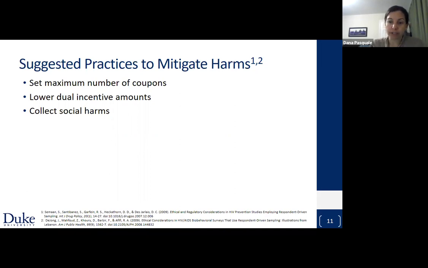Tied to that, the compensation for recruitment, the secondary incentive, should not be high enough to induce coercion. And then third, when coupon holding potential participants do present for consent or enrollment, they should be asked about any social harms they experienced related to recruitment or enrollment. And these can range from peer pressure or coercion to more serious harms such as violence to enroll.